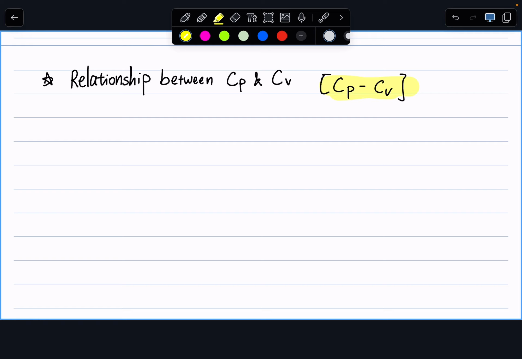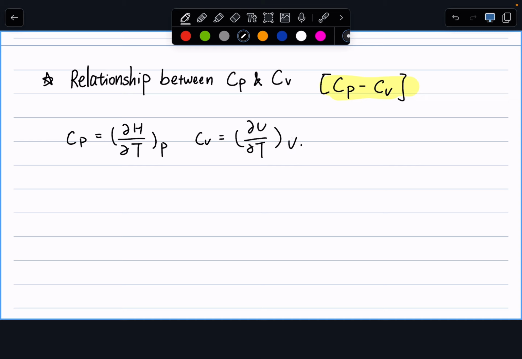The first one, we will solve for a general expression of CP minus CV using only calculus, the expression of CP and CV, and the definition of enthalpy. Using only them, we will get a more general expression for the term CP minus CV. Then we'll apply that general relationship to a special situation, which is an ideal gas. So let's work on that first.